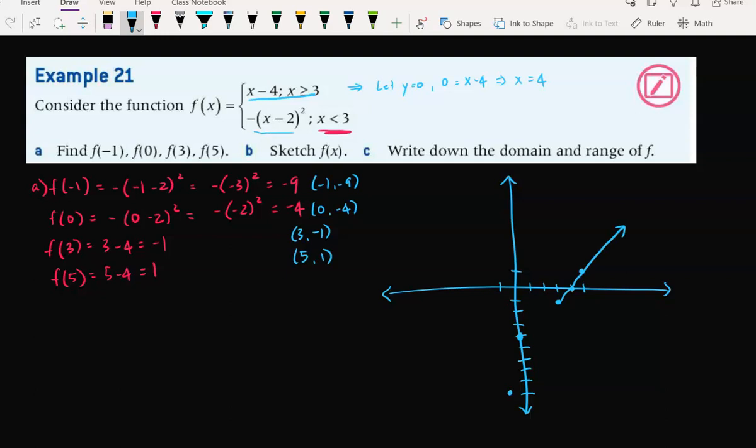And then when you look at this quadratic right here, y equals negative x minus 2 squared, you know that the vertex is going to be 2, 0. And then it reflects over the x-axis, so it's going to look like this.